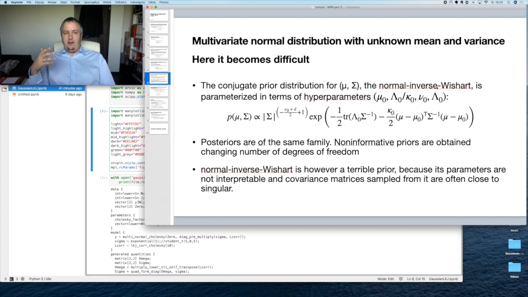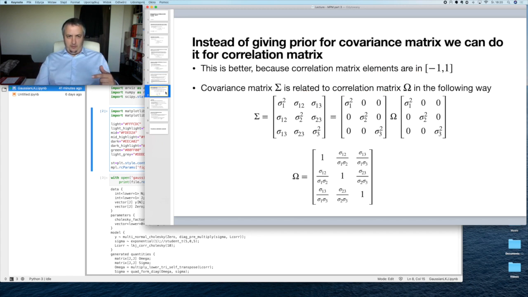So we'll have very large values that will be very problematic to use. That's why the normal inverse Wishart distribution is not much used nowadays in modern computing, and the problem of estimating the covariance matrix is being reformulated to the problem of estimating the correlation matrix.